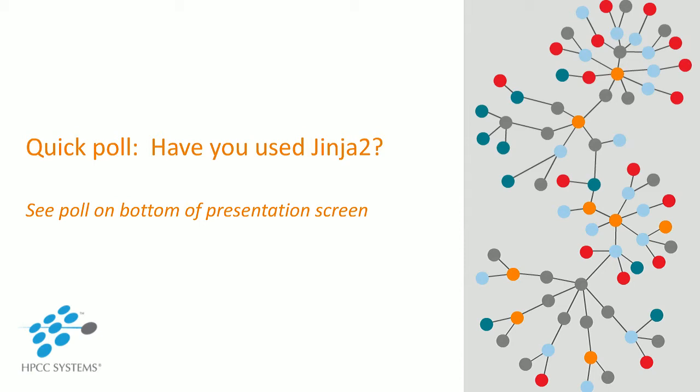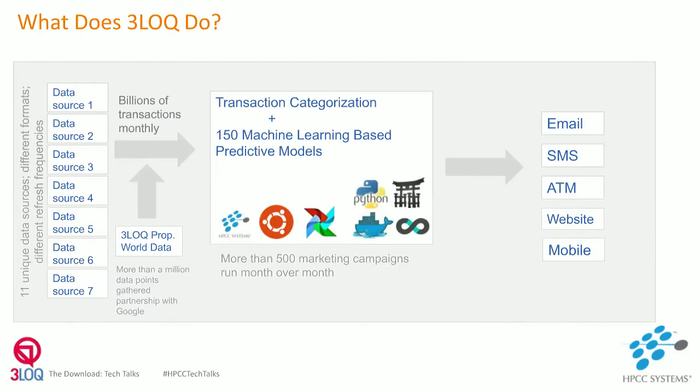Moving on, I'll give you a brief background on what Trilog does, so that you get context of what we do and how we have applied Jinja. Essentially, for one of our major clients, we take all the transactions and a wide variety of data about their customers from 11 different sources, billions of transactions that we process month on month to do the marketing.